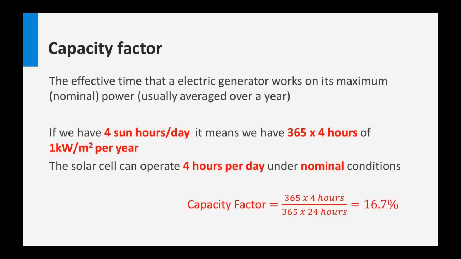So the capacity factor depends on the annual irradiance of a certain country. For instance, in the Netherlands this would be around 12 to 13%, whereas 4 hours per day is a typical irradiation in Spain. There you would have a capacity factor for PV of 16.7%.